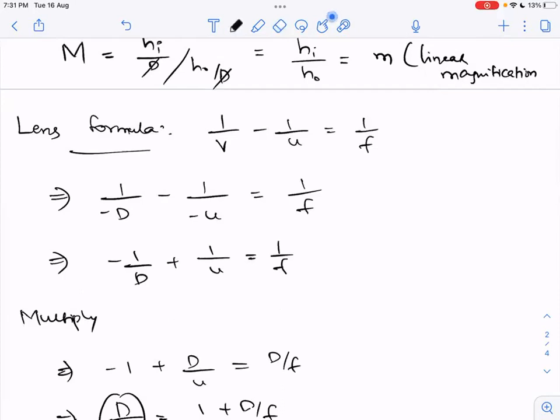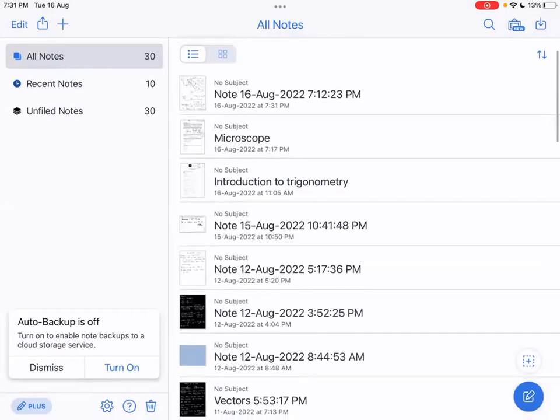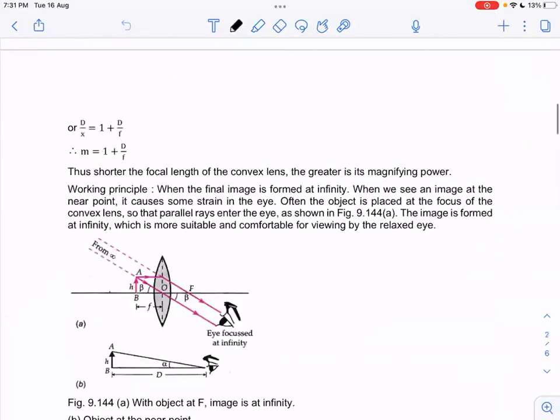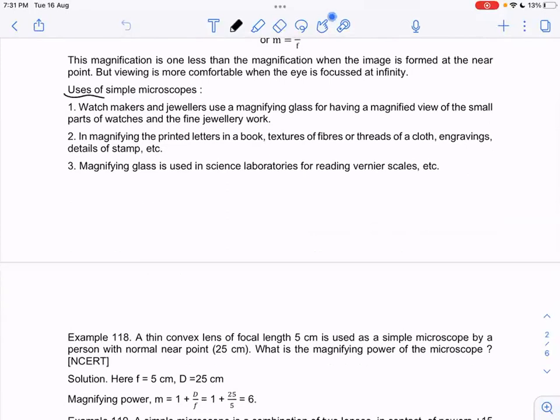And we'll try out some problems based on this. So if you see the uses of simple microscope, watchmakers and jewelers use magnifying glass for having a magnified view of the small parts of watches and the fine jewelry work.